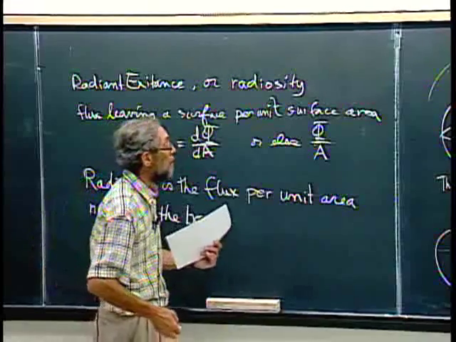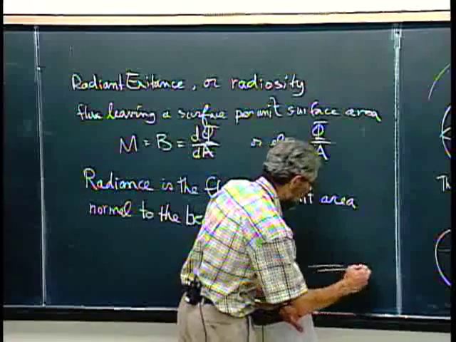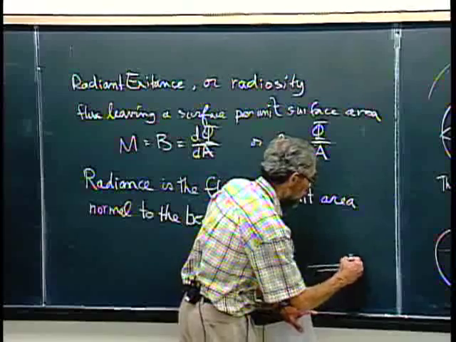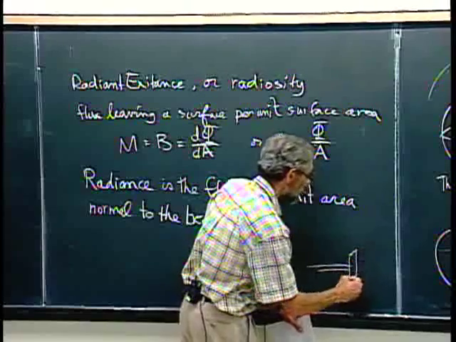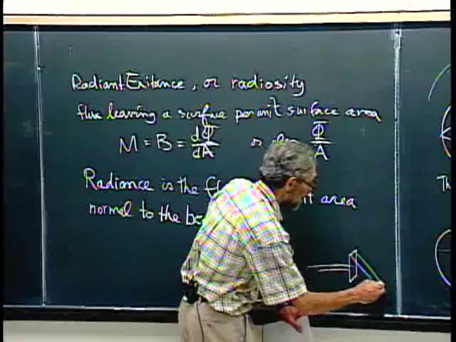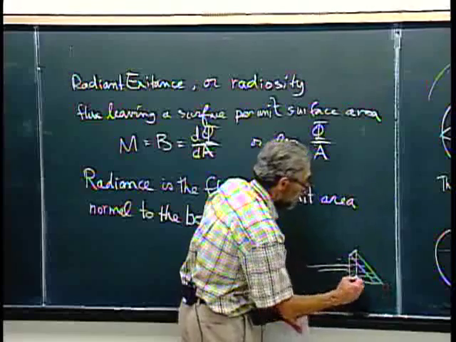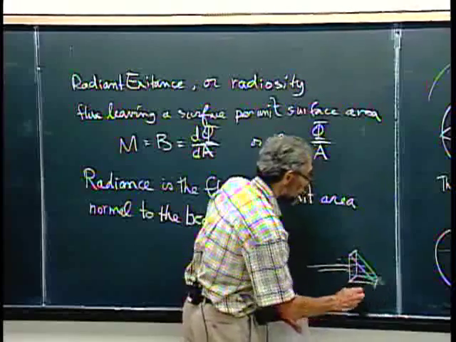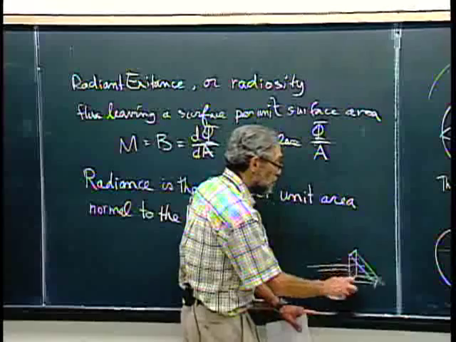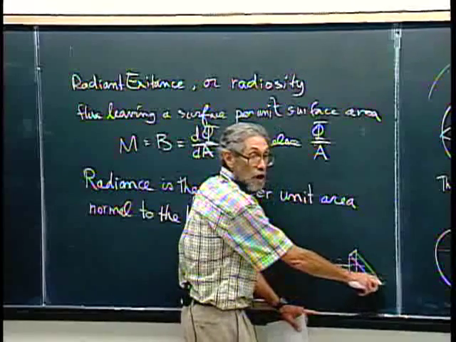If I have flux coming this way, and here is the area normal to the beam, but I actually tilt my piece of paper so it's more like that, then the same flux will hit both, but this area here is actually larger than this area. And I don't want to measure it per unit area on the larger surface.